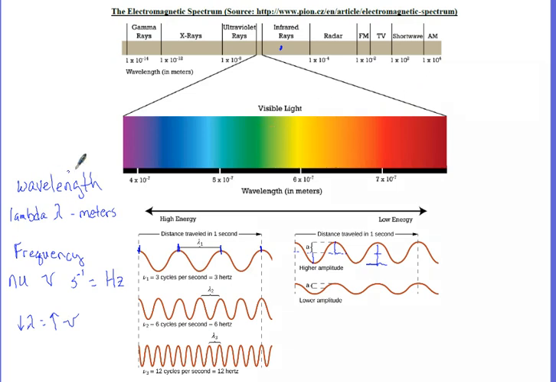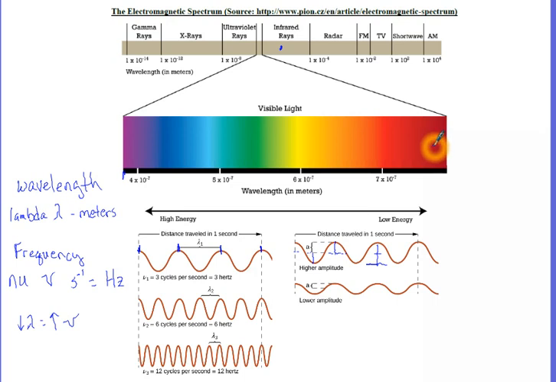Well, it's a little bit shy over here of being 4 times 10 to the minus 7. Your eyes can only really detect from 4.0 times 10 to the minus 7 to 7 times 10 to the minus 7. If you get a wavelength that's shorter than that or longer than that, your eyes don't pick it up.